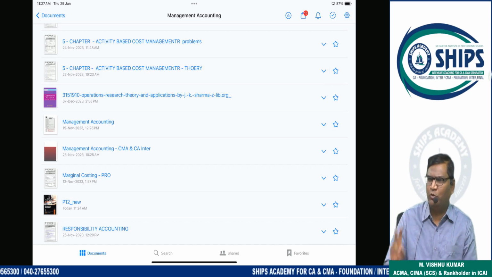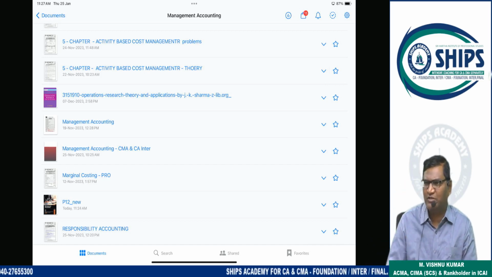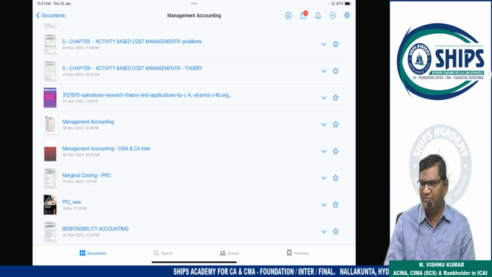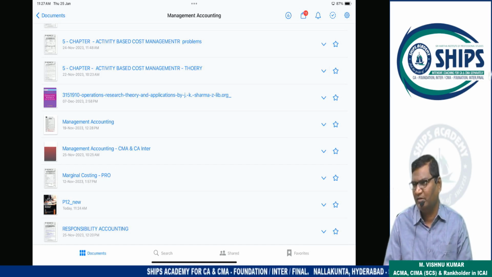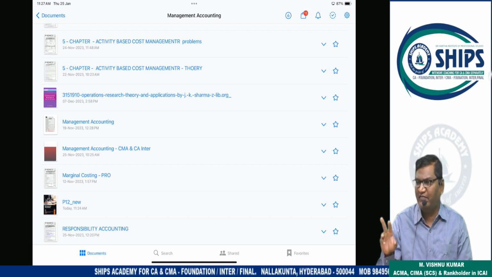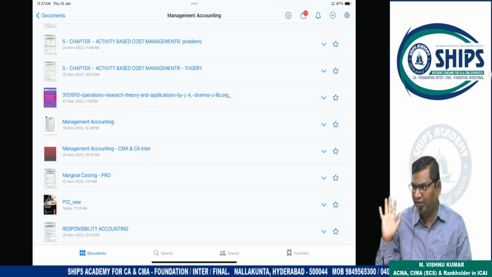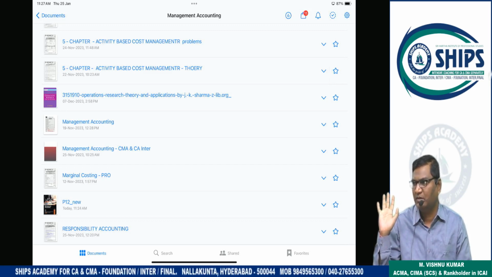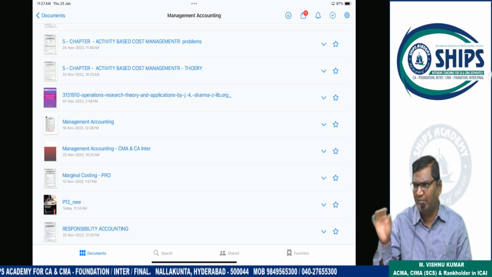From the first chapter, only two or three MCQ questions will come mostly, or one theory question will also come. Theory question means the functions of management accountant is a very important question that you should compulsorily study from the first chapter, and the difference between management accounting and financial accounting, and management accounting and cost accounting. These three questions are important, and the remaining are important from the MCQ point of view.